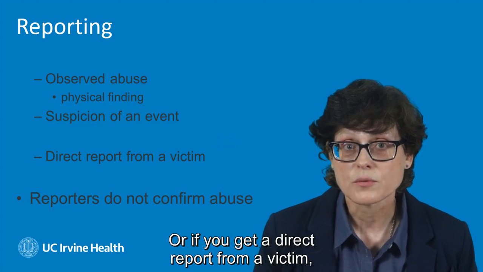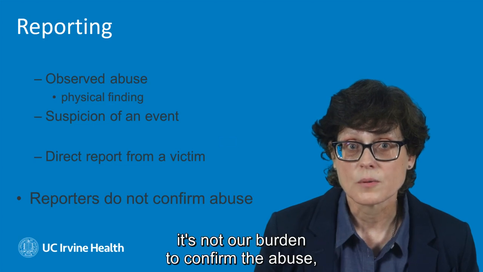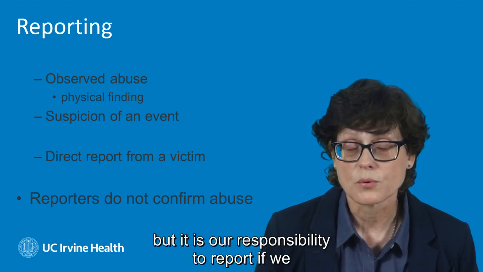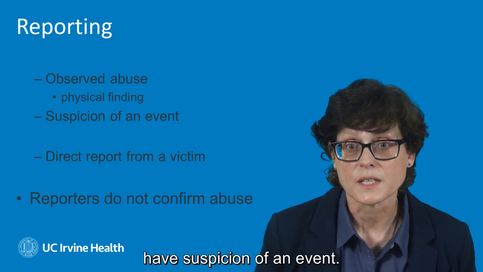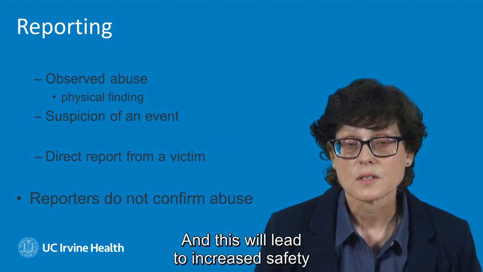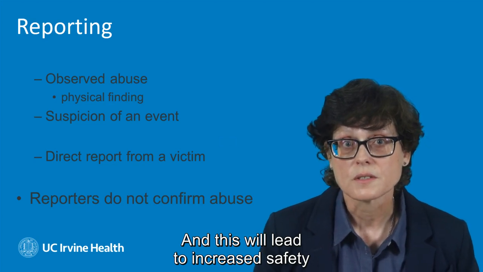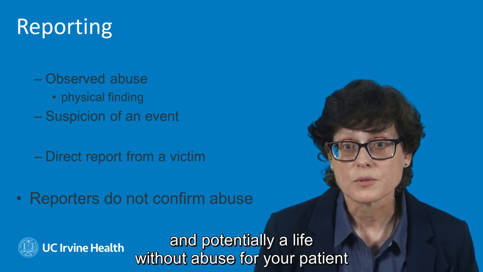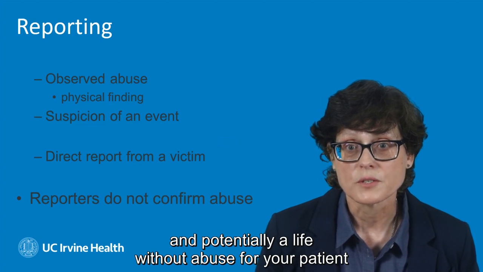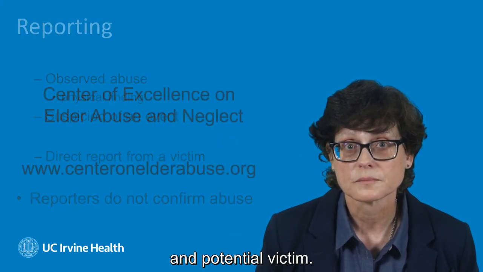Or if you get a direct report from a victim, it's not our burden to confirm the abuse, but it is our responsibility to report if we have suspicion of an event. And this will lead to increased safety and potentially a life without abuse for your patient and potential victim.